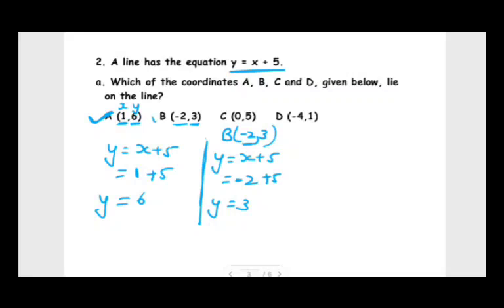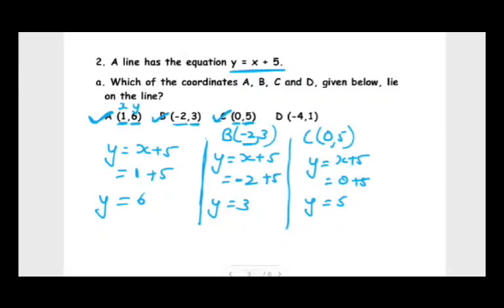So it is good for B as well. Let me check for C. C is 0 and 5, y is equal to x plus 5. X is 0 out here, plus 5, so my y value is 5. Is it? Yes. So this is good for this as well.